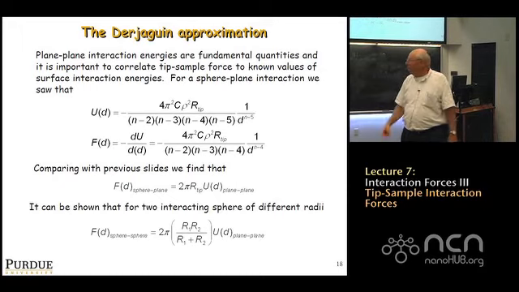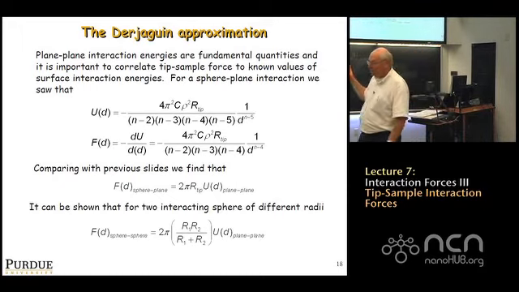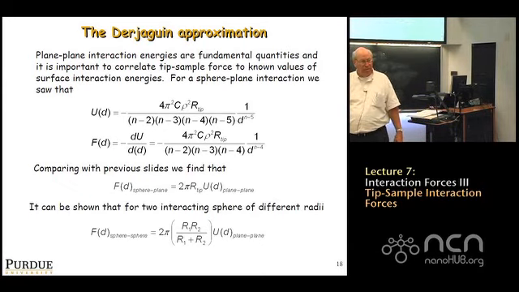So the implication is, if this approximation is valid, just by measuring the liftoff force of a sphere from a plane, you can infer back to the interaction energies that two planes have. The interaction energy that two planes have is this fundamental quantity called the surface energy. And it's just a numerical coincidence, I believe, that this happens.